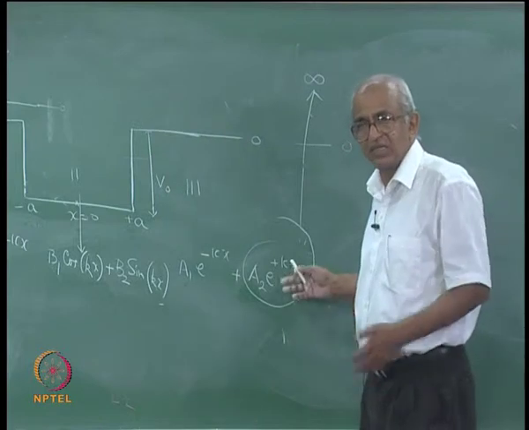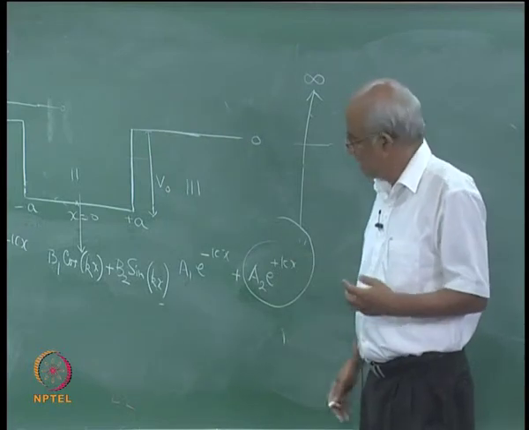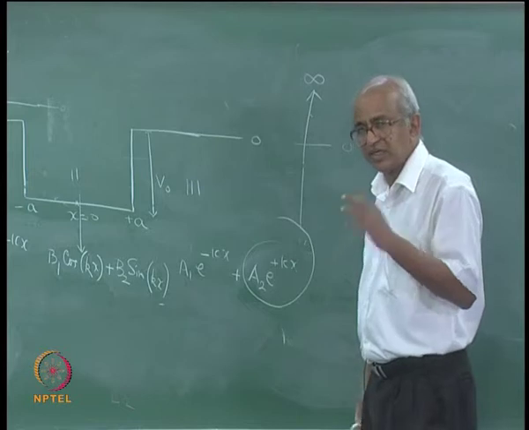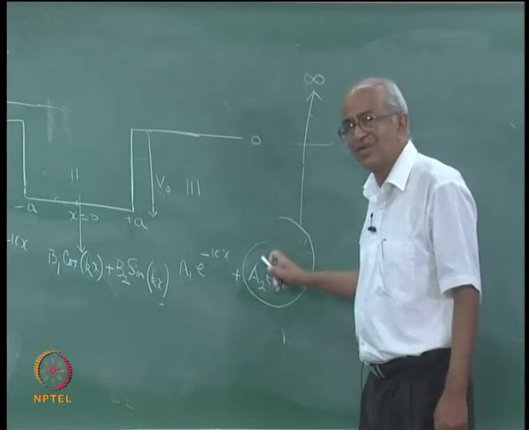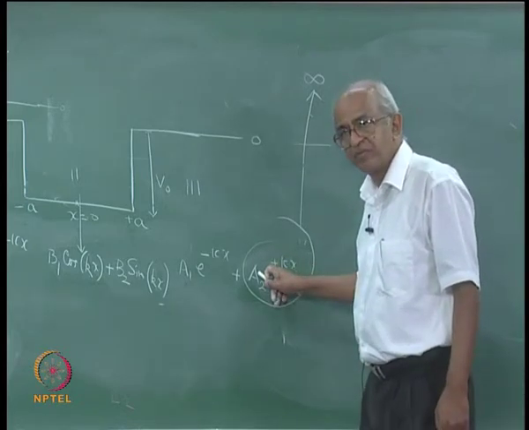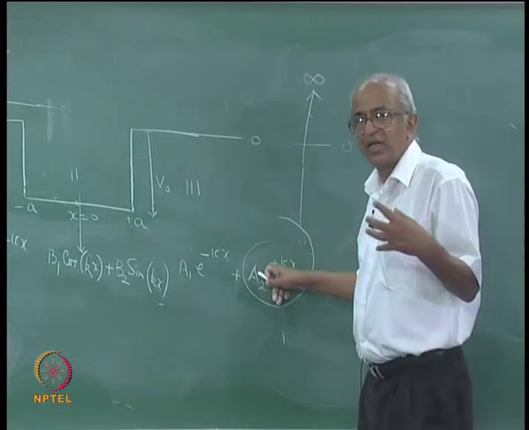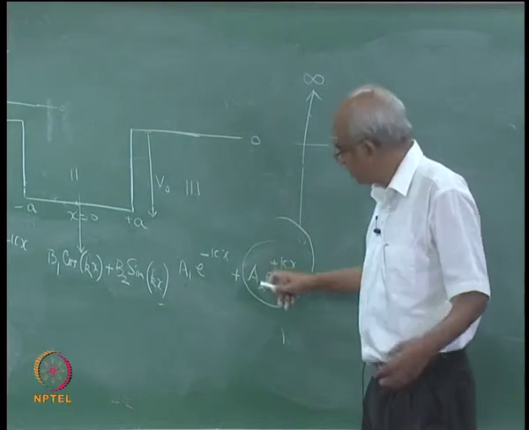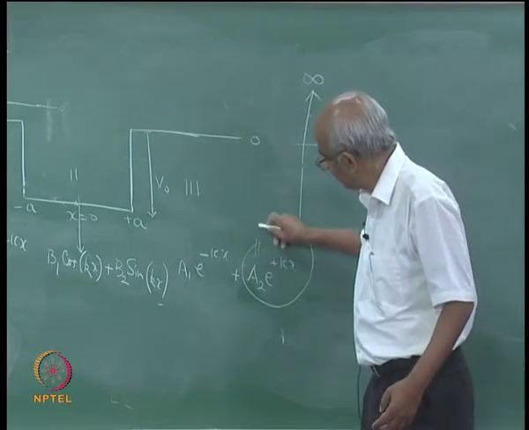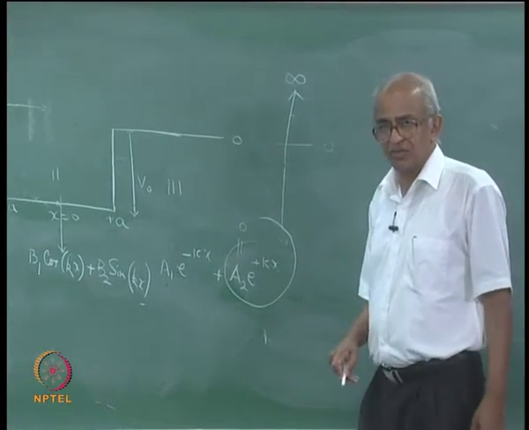There is no physical reason for that to happen, and therefore, the only way in which I can get out of this difficulty is to say that a2 must be equal to 0, otherwise I am not going to get an acceptable solution. So, straight away here I can say a2 must be equal to 0.